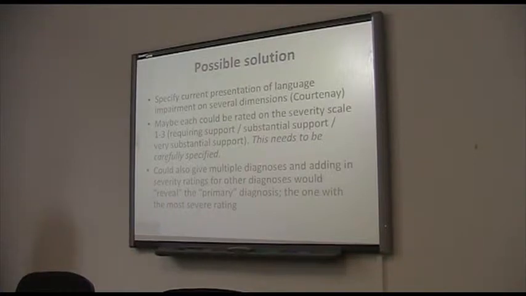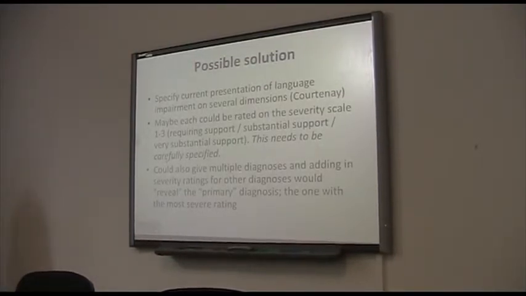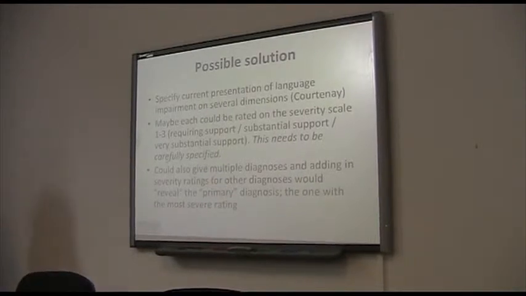But I'm wondering whether we could also give multiple diagnoses, and by adding in the severity ratings for all the different diagnoses, you'd actually reveal the primary diagnosis. So if the ASD is level 3 and the language impairment is level 2, well, they've got both, but they're primary ASD, and if it's the other way around, then they're primary language impairment.